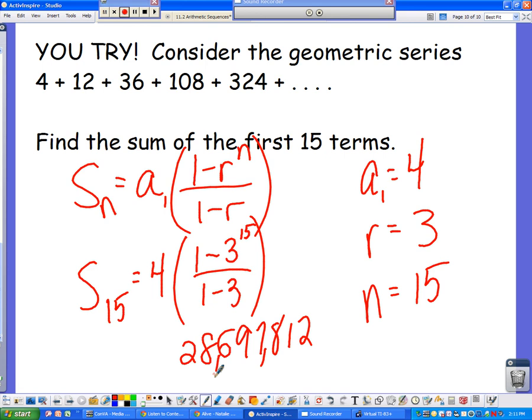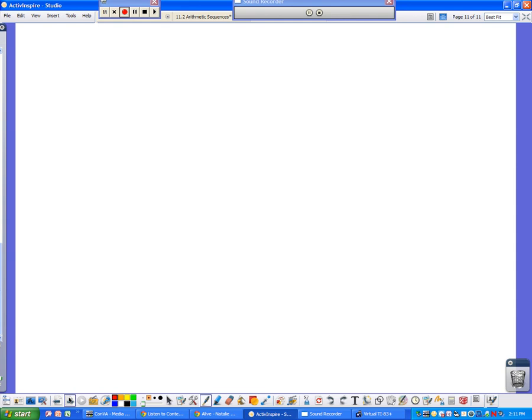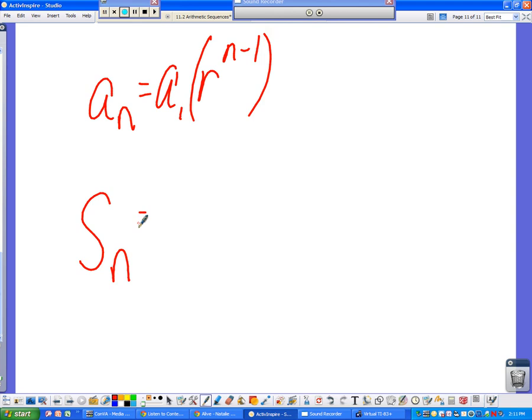So as a quick recap, remember when you're doing geometric series to find the nth term, a sub n equals a sub 1 r to the n minus 1. And to find the series, it's the first term, 1 minus r to the nth term, over 1 minus r.